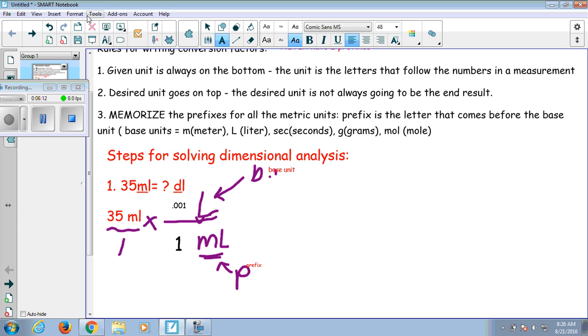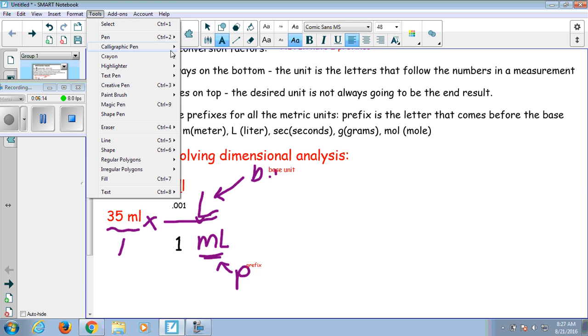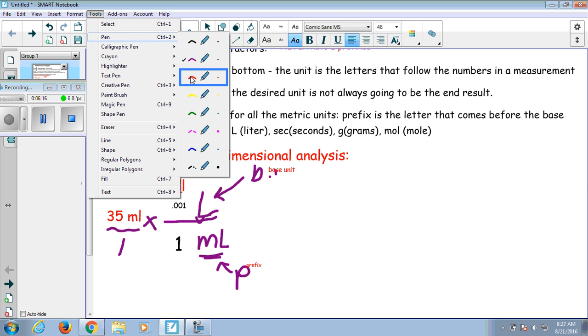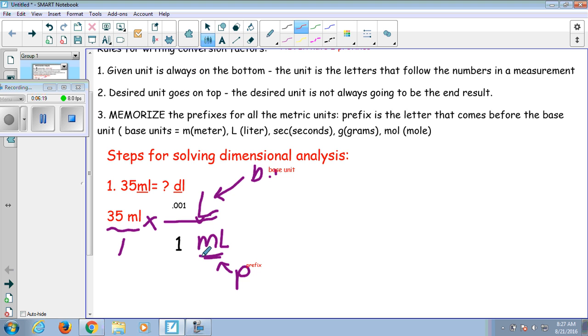By having the base unit with the meaning of the prefix and the prefix having a 1, I have in essence written the relationship: 1 milli is equal to 0.001. Alright, so now all that's left is to do the math.